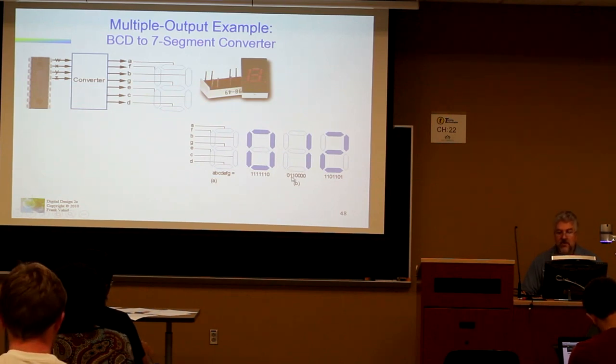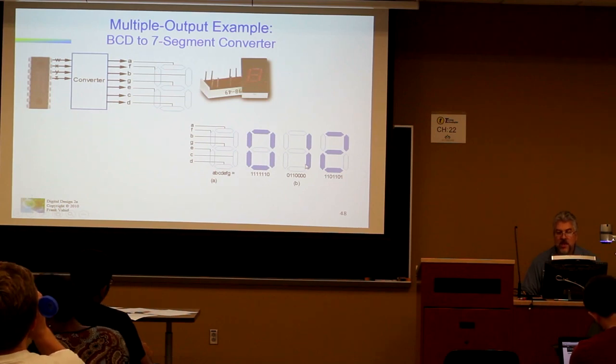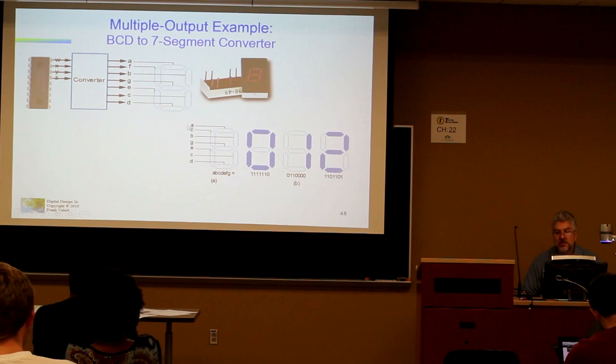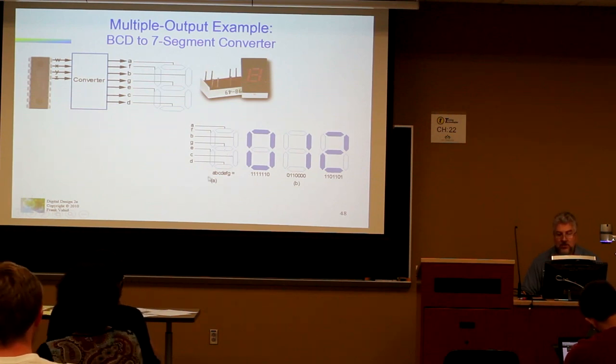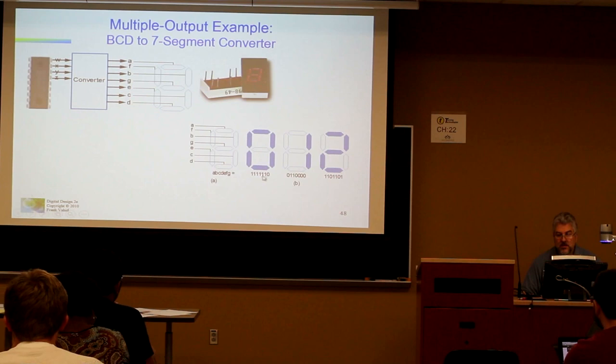So when I have B and C, this becomes a 1. These are lit up. If I have the number 0, that means I have everything but G lit up. So A is 1, B is 1, C is 1, D is 1, E is 1, F is 1, G is 0.